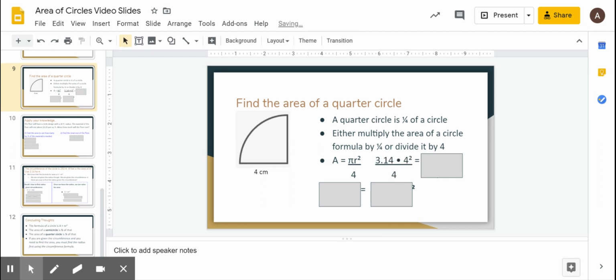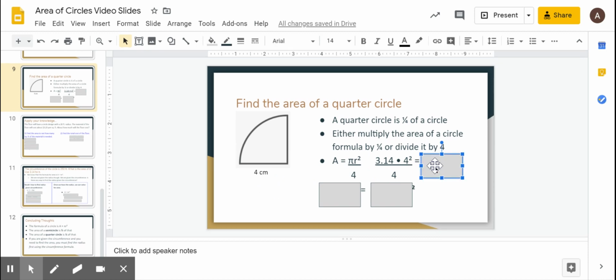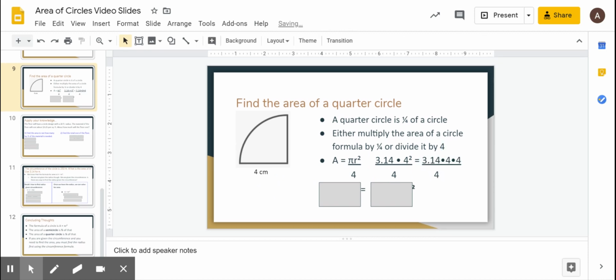We plug in our radius, which is 4. So 3.14 times 4 squared divided by 4. Our numerator ends up being 3.14 times 4 times 4. Then you get 50.24 divided by 4, and when you solve it, that is 12.56 centimeters squared.